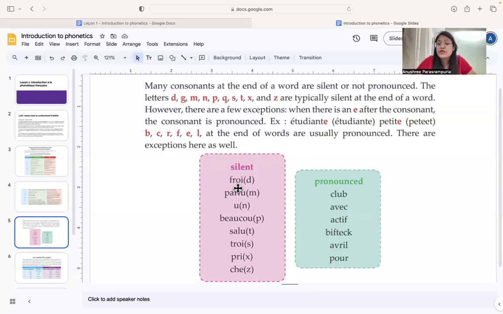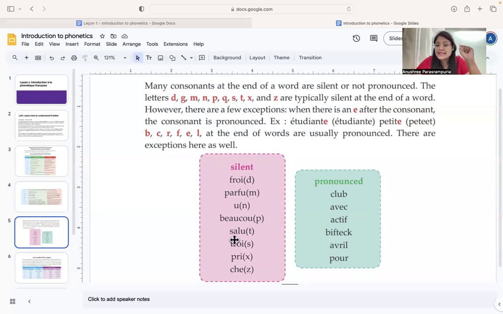This would become froid, D being silent. This is a different sound: parfum. This is un, nasal sound. This is beaucoup, EAU is O, and OU is U, so it becomes beaucoup, P silent.